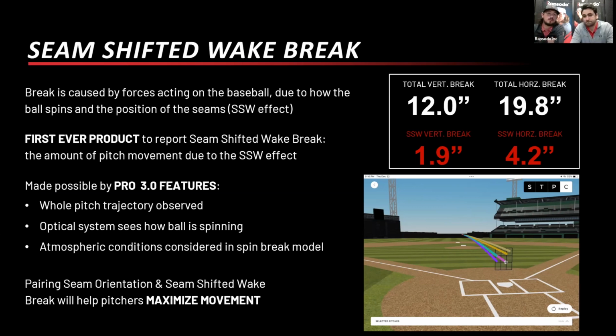I'd say just a point with that for the usability of it, with those atmospheric conditions being so important, like we know from the years that the ball flies differently in Colorado or Arizona, that's well known. A nice thing about the usability of the 3.0 in the app is being able to save these conditions. So, your academy, your school, wherever you're utilizing Rapsodo, the elevation is not going to be changing.